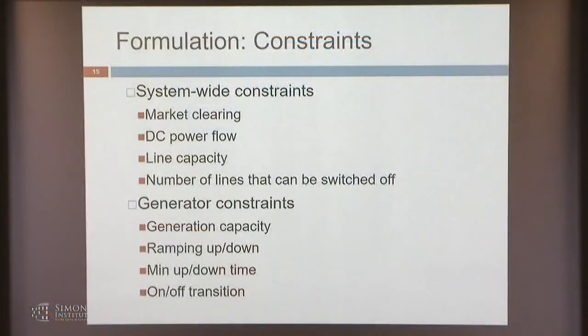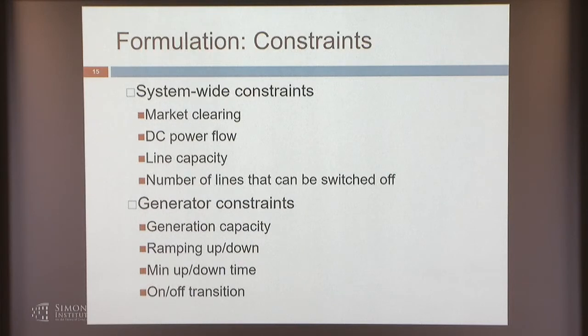So this is the formulation of the stochastic unit commitment. You have the system market clearing price constraint, DC power flow, line capacity constraint, and the number of lines that can be switched off. We put a limit on the number of lines that can be switched off as a way of pruning the tree.